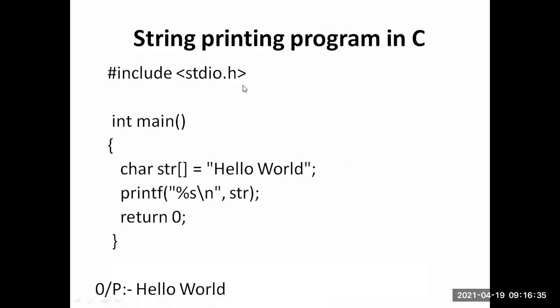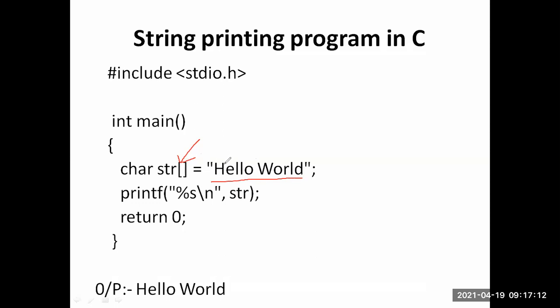We leave it blank here: instead of giving the array size, we give only empty brackets. So how will it take hello world? When we write this type of syntax, we can represent the array string in two ways. One is where we declare the size here. Otherwise, we give empty brackets, and it allocates memory depending upon the word size.